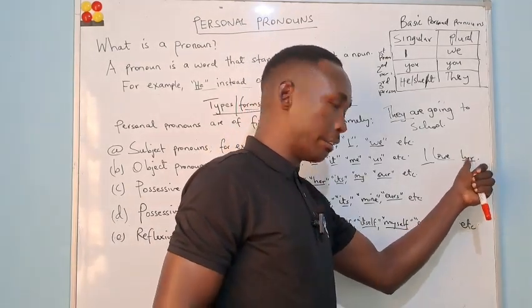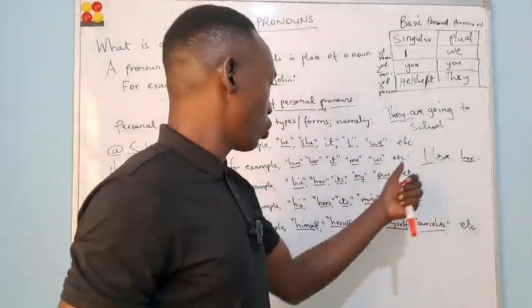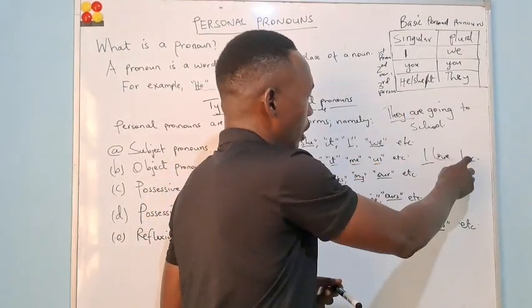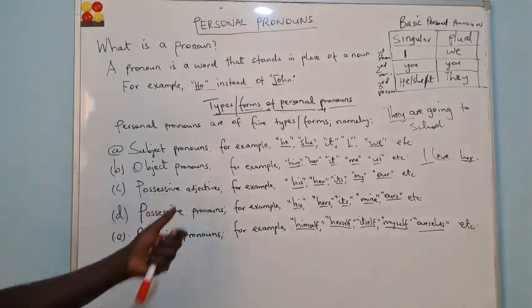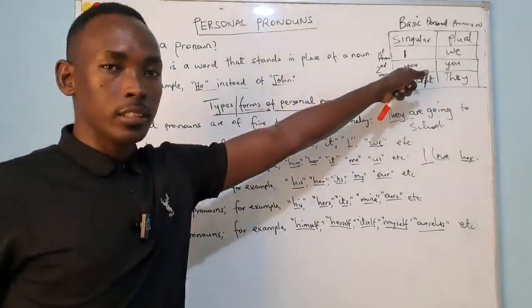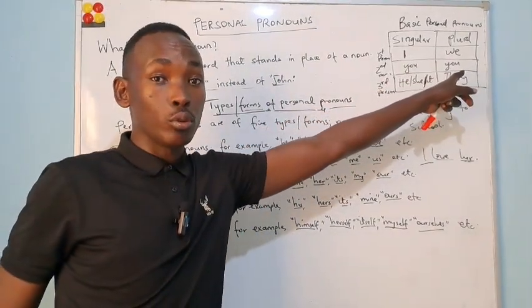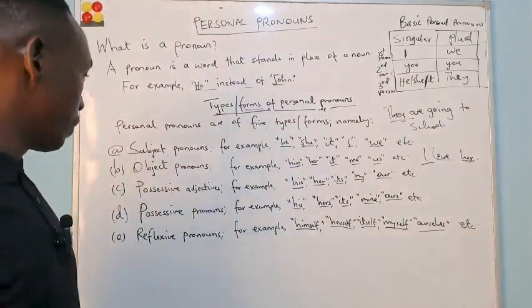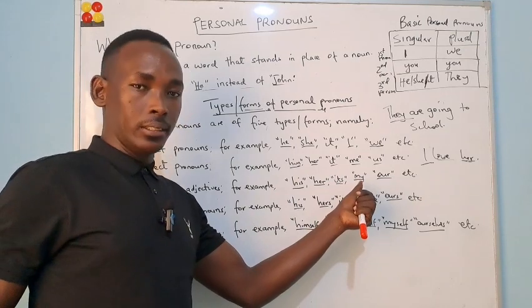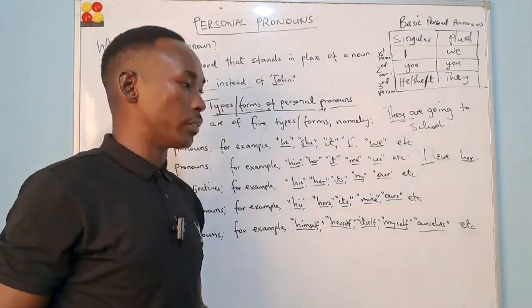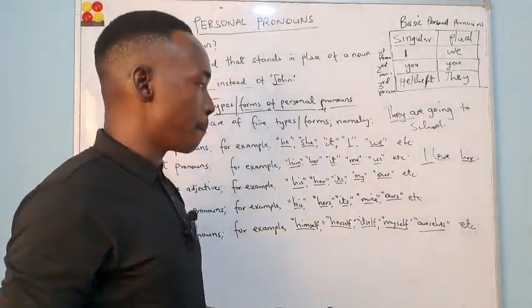I love her. So this one here, this she has turned into her. So here we have possessive adjectives. They can turn into possessive adjectives too. These ones here. You can say, for example, these are like my possessive adjectives. My book.